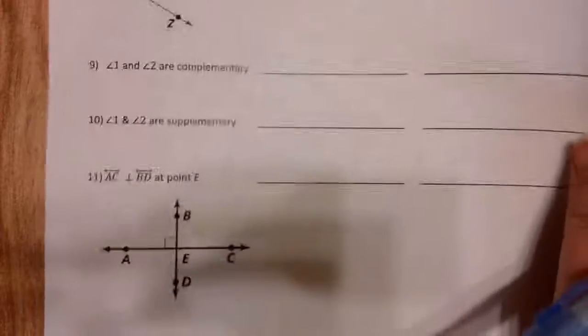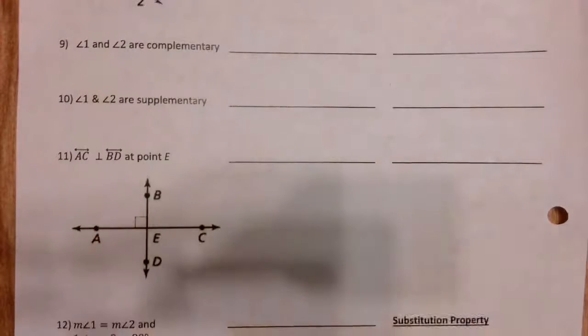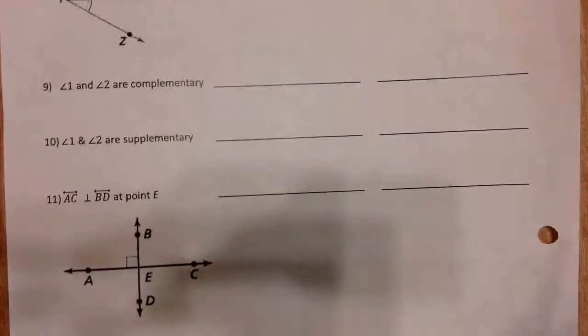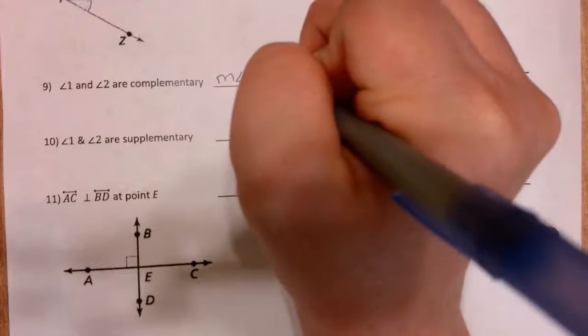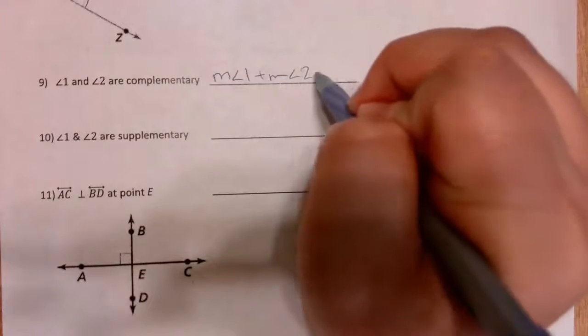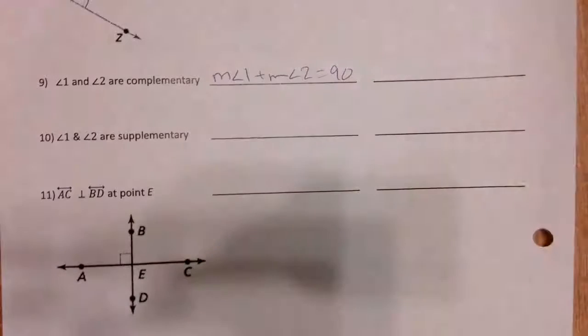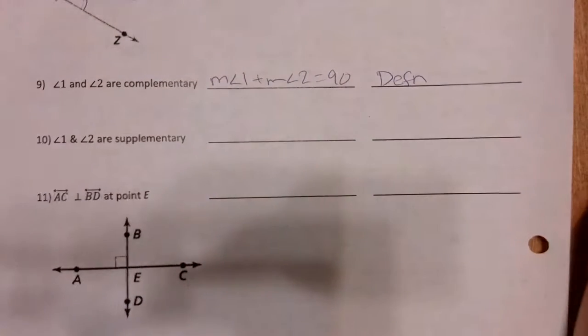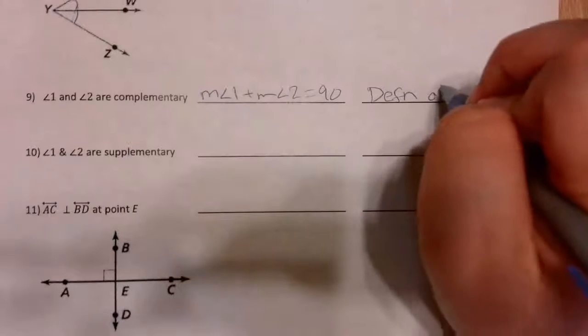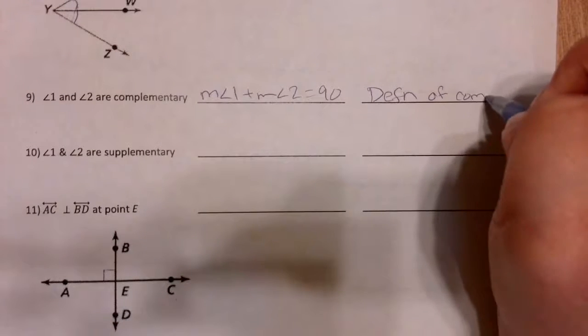All right, a couple more. Angle 1 and angle 2 are complementary. What did complementary mean? Well, complementary meant the measure of angle 1 plus the measure of angle 2 is equal to 90. And I'm going to start abbreviating definition, DEFN, definition of complementary.